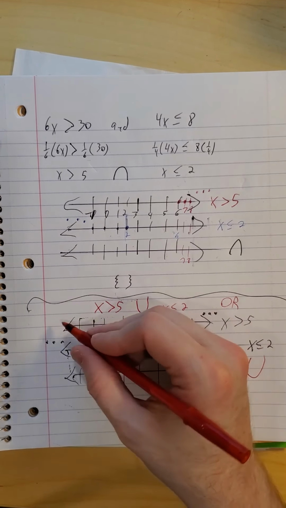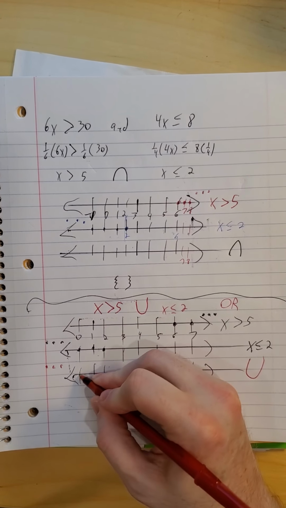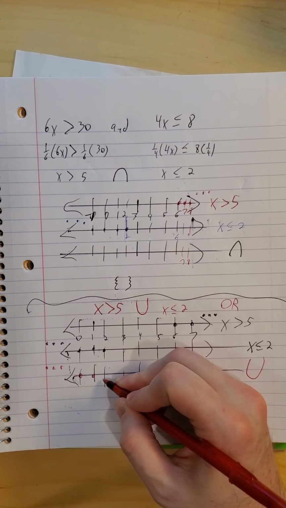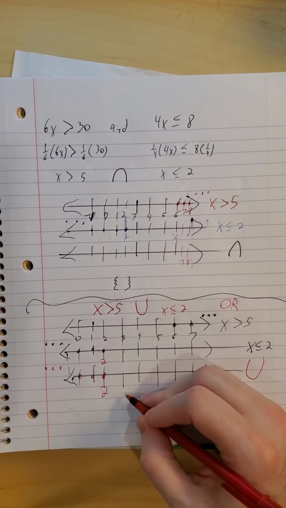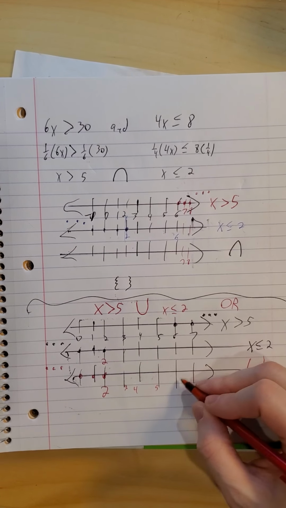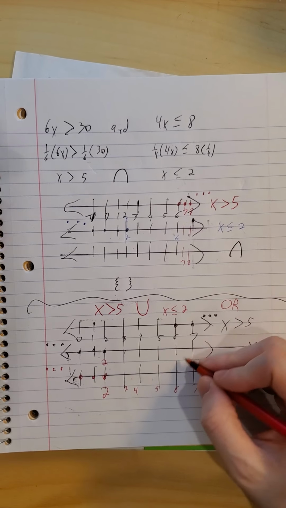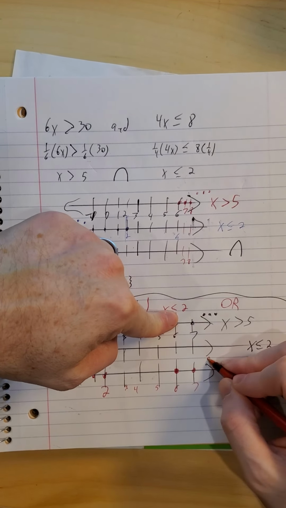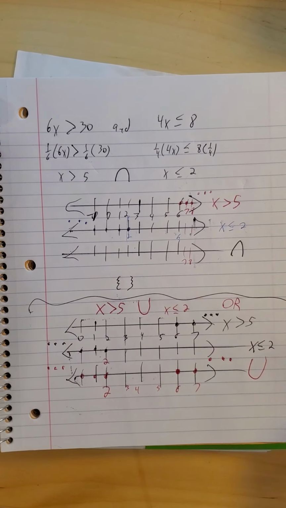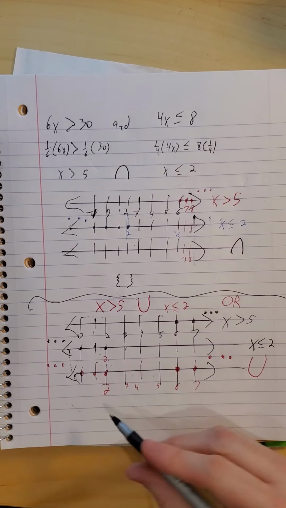So that means because of graph number 2, I get to keep all this stuff back here. So here's our 3, 4, 5, and here's our 6, 7, and so on. So because of the first graph, I get to keep the 6, I get to keep the 7, and all the stuff over in this direction. So now you'll notice that we have sort of a gap in this.